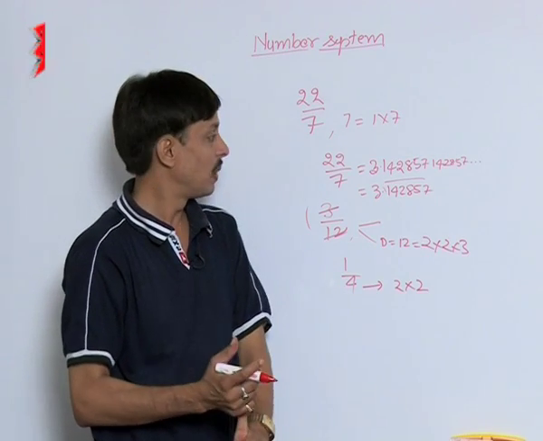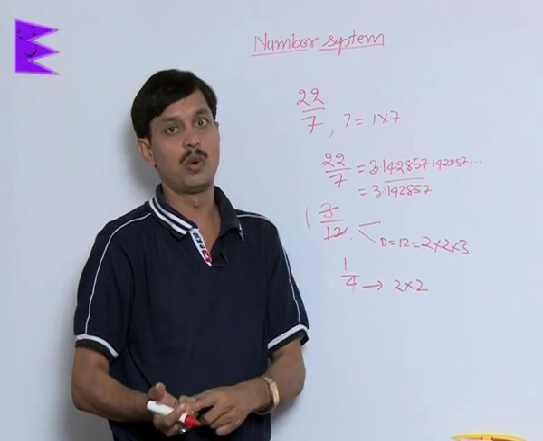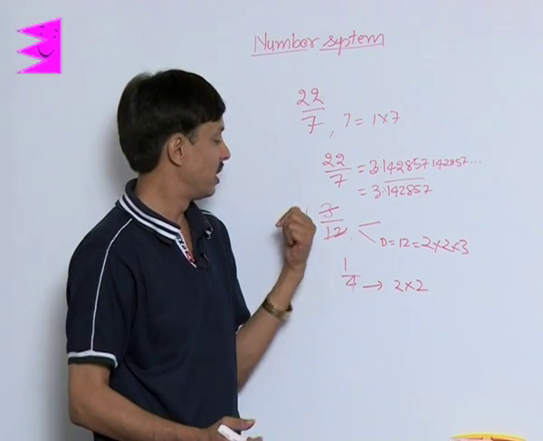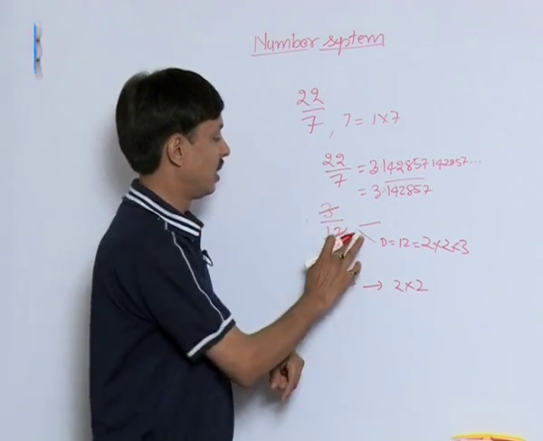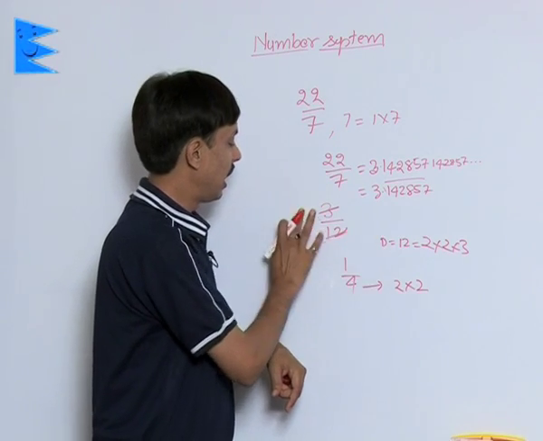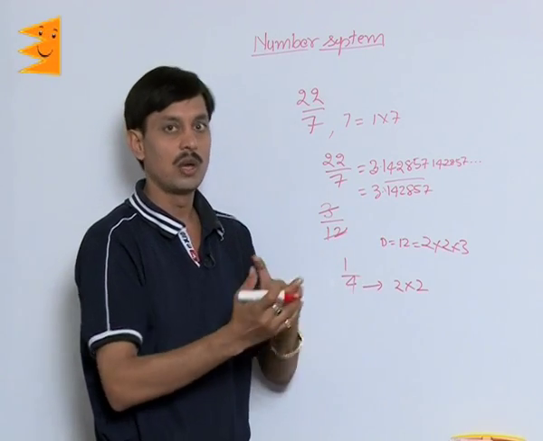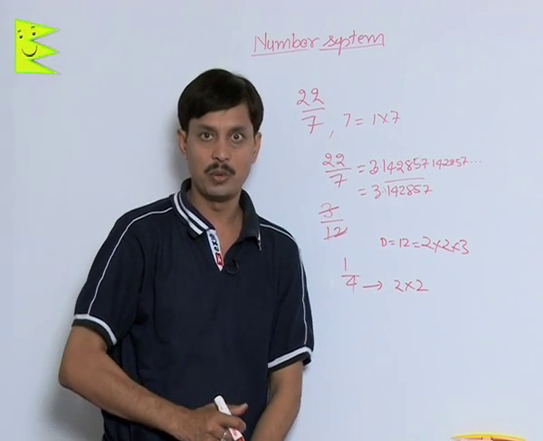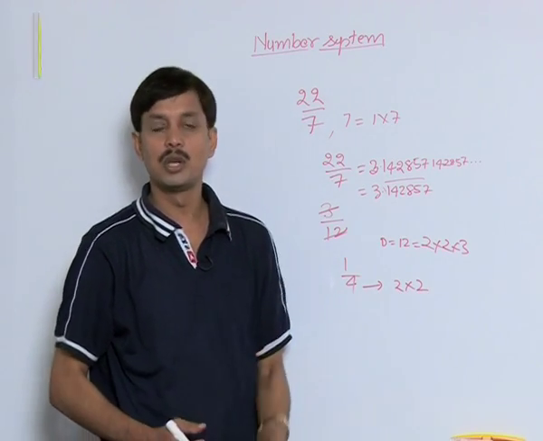So my simple submission to you is: before you convert any rational number into its decimal form, you must check whether it is in simplest form or not. And if not, convert it. After converting, check the prime factors of the denominator. See the condition of 2's and 5's.